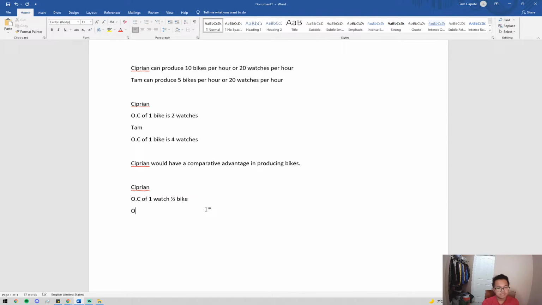Yeah, okay. And for Tam, the opportunity cost of one watch is 1/4 bike, because if it's the same amount of time, if you divide this by 4, to get one watch is 1/4 of a bike, so you can produce only 1/4 of a bike.